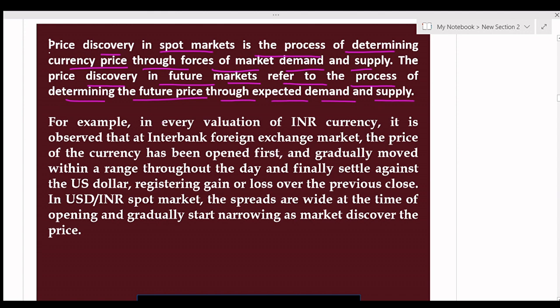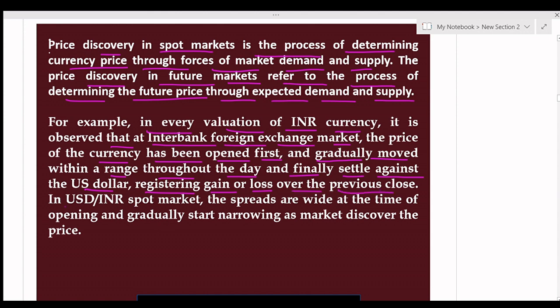For example, in every valuation of the INR currency, it is observed that in the Interbank Foreign Exchange Market, the price of the currency opens first and gradually moves within a range throughout the day and finally settles against the US dollar, registering gain or loss over the previous close.